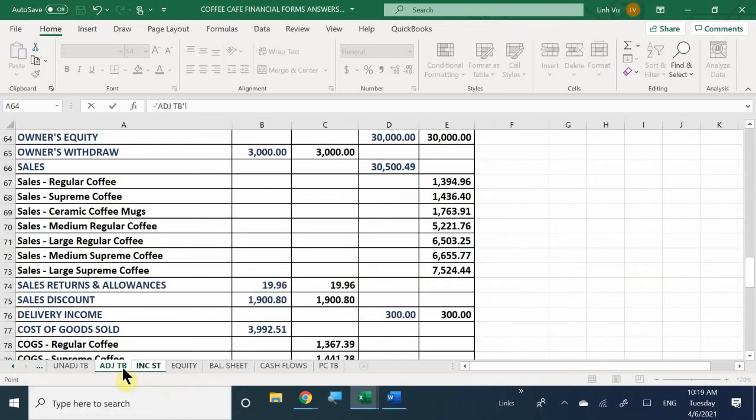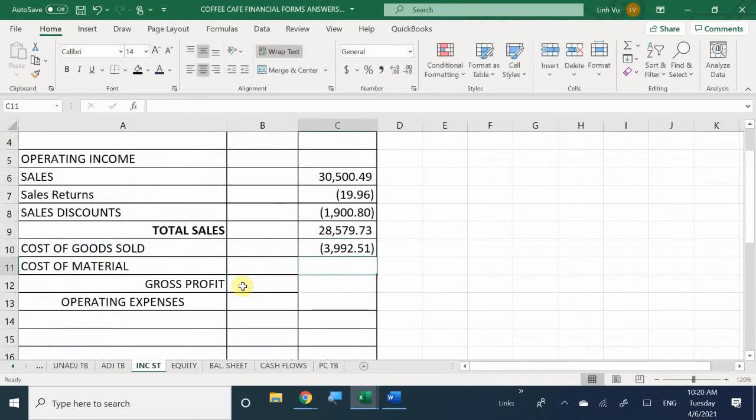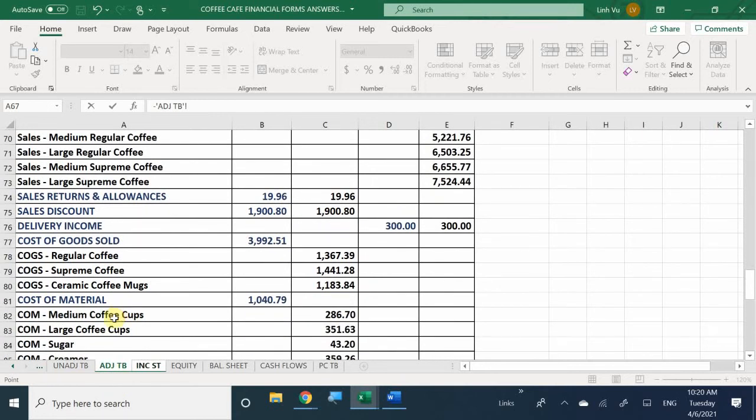So in this case, I'm going to go to my adjusted trial balance, and I'm going to locate what was my total cost of goods sold. Okay, there you go. And then now I need to figure out what my cost of material was for. So again, back to my adjusted trial balance. What was my cost of material?